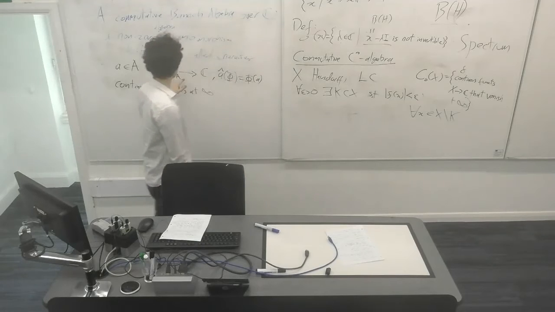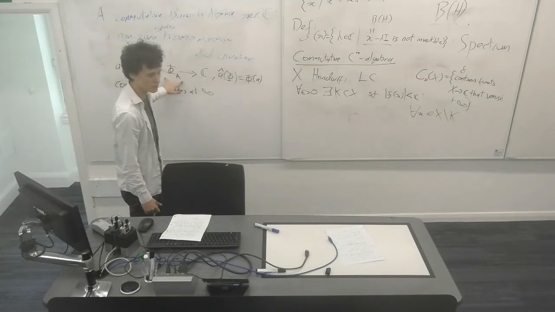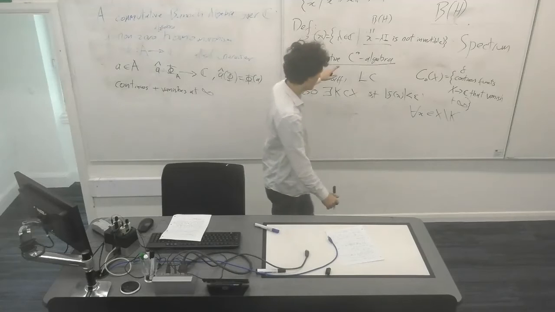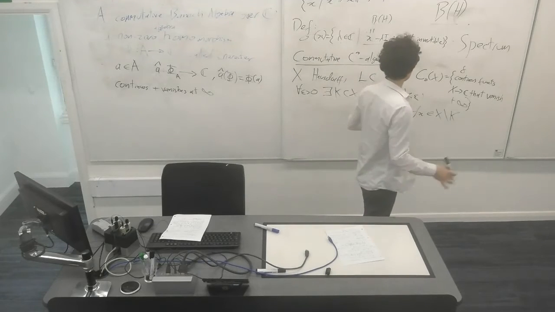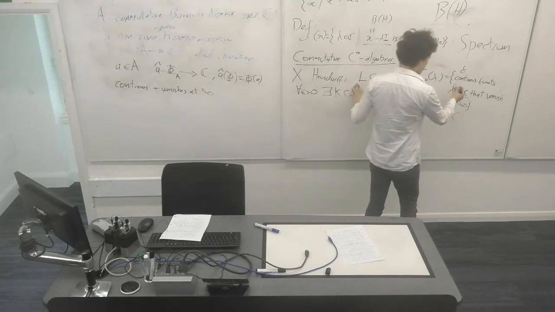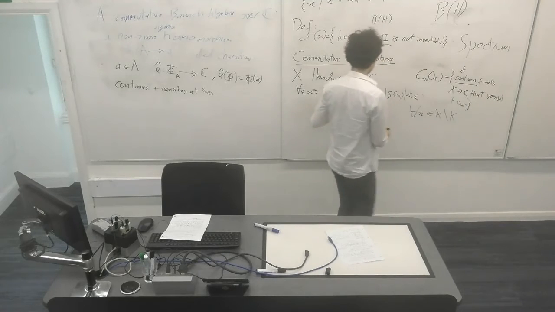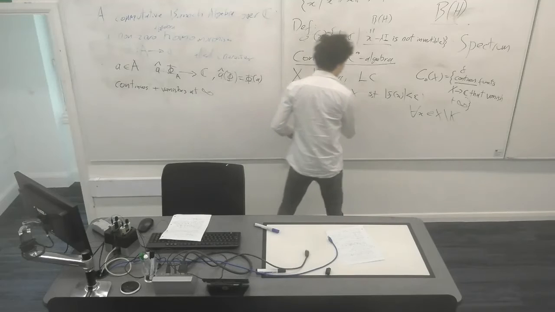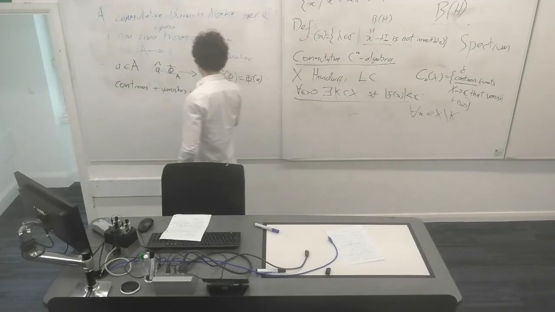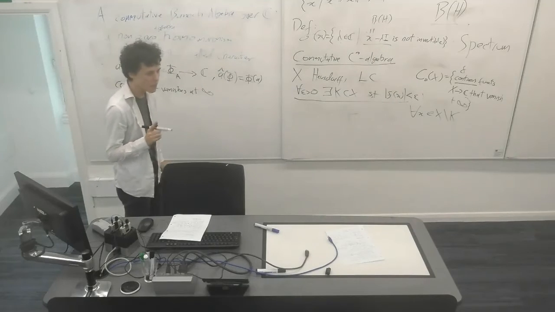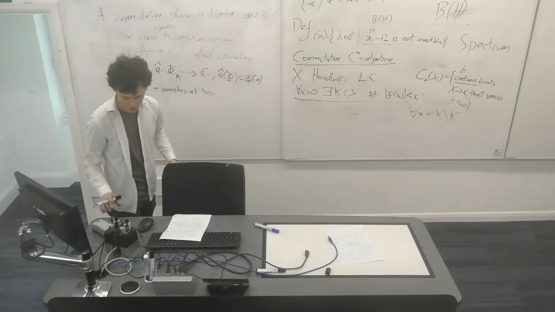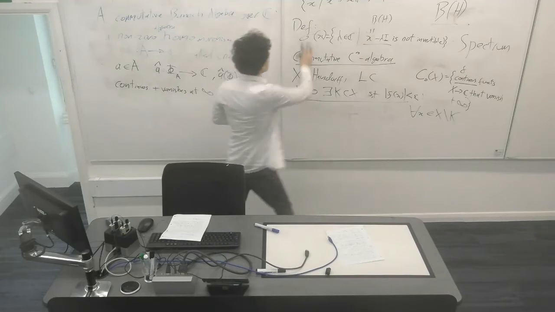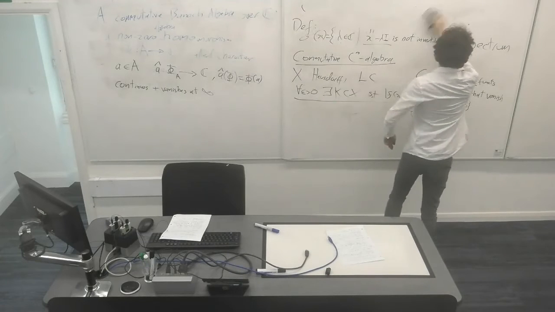I'm not going to prove this, but the set of characters is Hausdorff and locally compact, and we can also prove that A hat vanishes at infinity, but only under a certain topology.